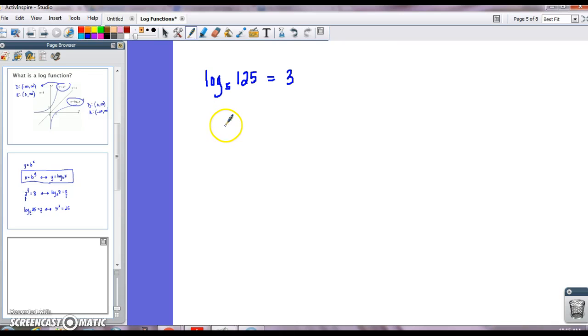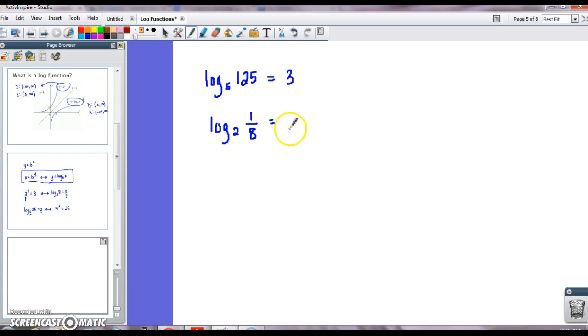We could do something like this. Log base 2 of 1/8. So I'm saying 2 to what power gives me 1/8? Well, this requires a little bit more thought.